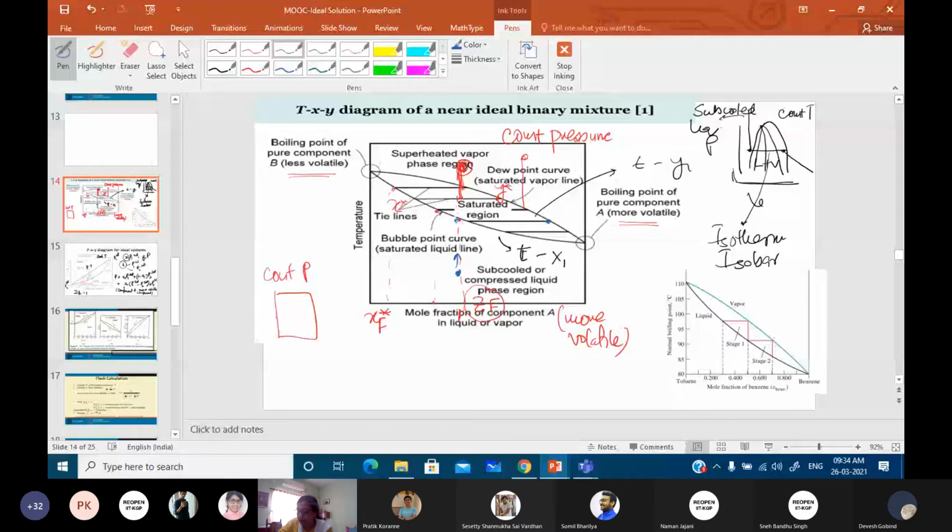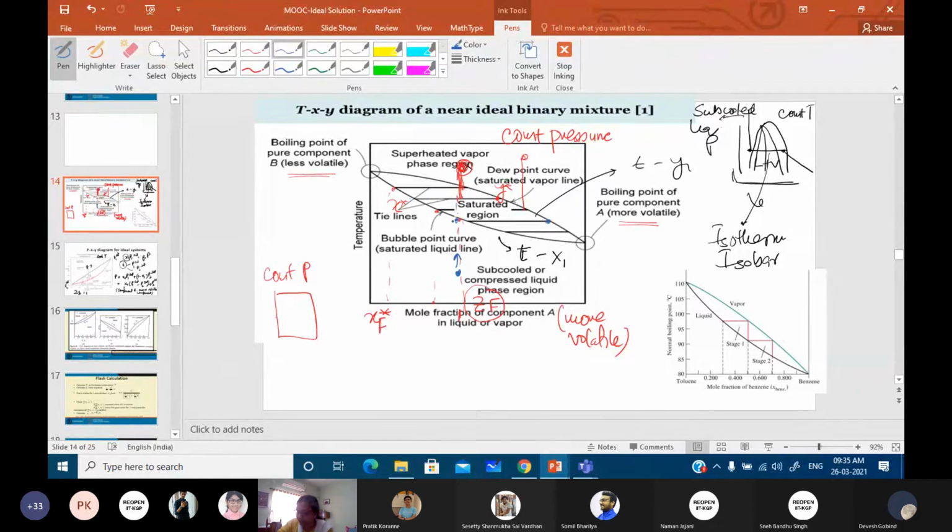Now we keep on continuing the heating. The liquid has now entered the two-phase region, the L plus V region as we call it, which is bounded by the saturated vapor and the saturated liquid curve. As we continue the heating, the temperature does not remain constant, the pressure remains constant, and the proportion of liquid and vapor keeps on changing, right?